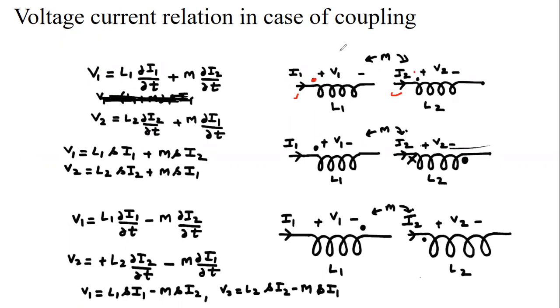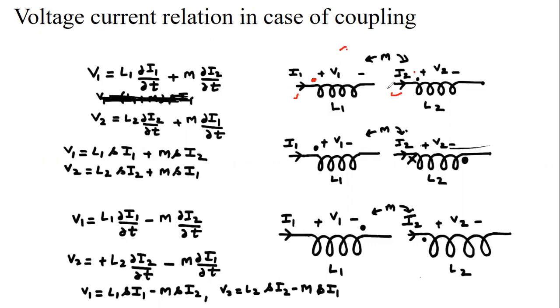It means the flux is supporting each other. And if the current in the two coils is entering from different terminals, it means the flux is opposing each other. So one by one, we are studying the effect on voltage and current.